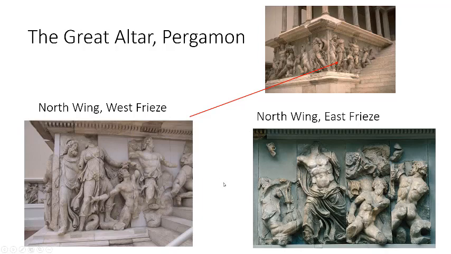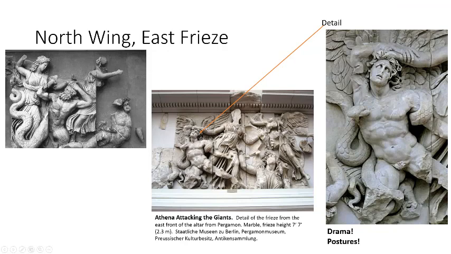Anyway, I'm going to go on and stop talking about that because there's more. Look at this. Oh my God. So north wing. Here's the east frieze. Oh goodness. There's the snake, and goddesses and humans, and this is one of the sons of Laocoon, and the drama and the pain.